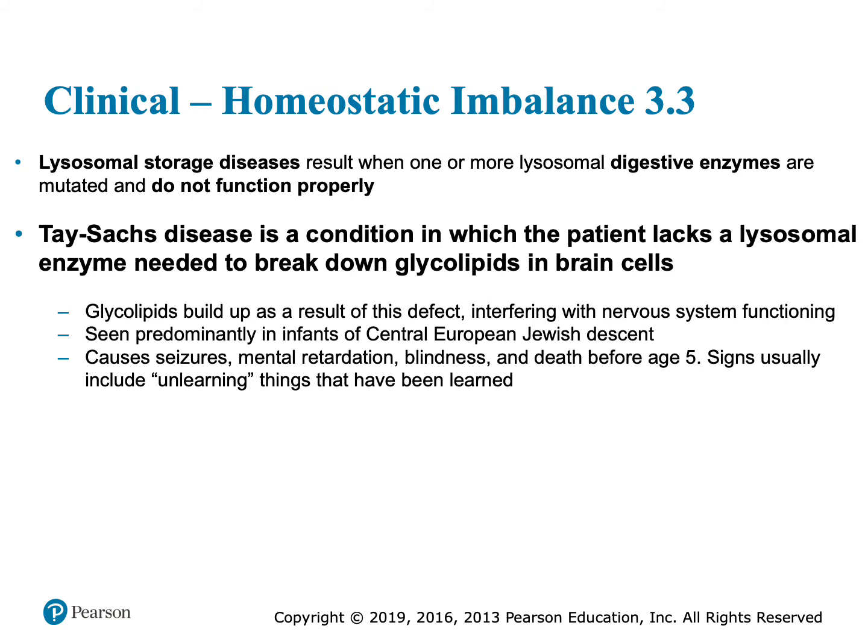And when you don't have these enzymes breaking things down, then things that are supposed to be broken down build up. In Tay-Sachs disease, you get this buildup of glycolipids. So glyco, sugar, lipids, fats. And it interferes with the way your nervous system works. It's definitely a genetic disease.